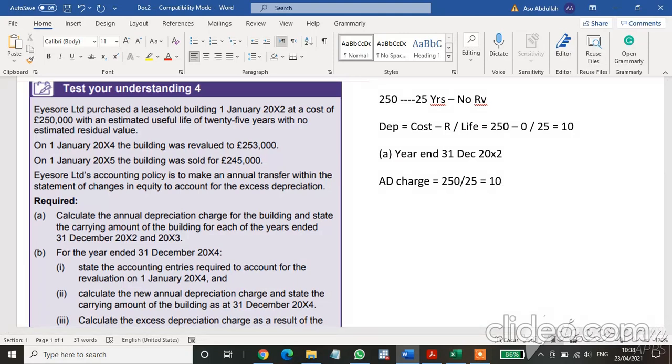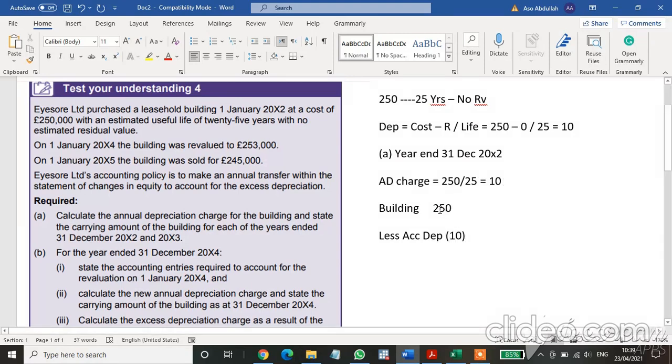In the SFP we say, for example, building: how much did we buy it for? We bought it for 250. Then we say less accumulated depreciation, which is 10,000.